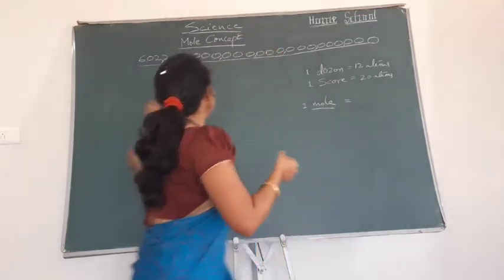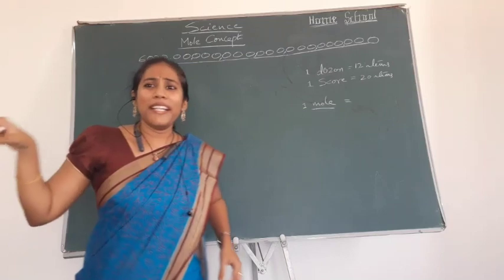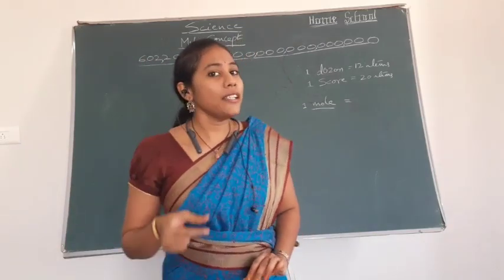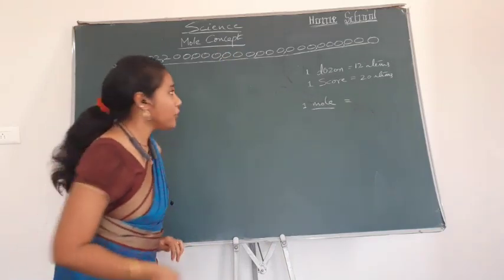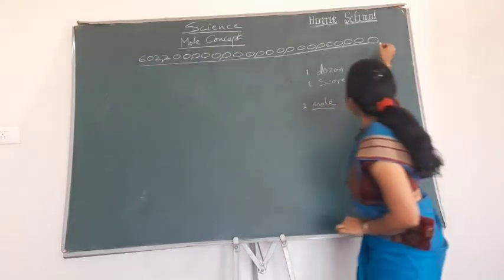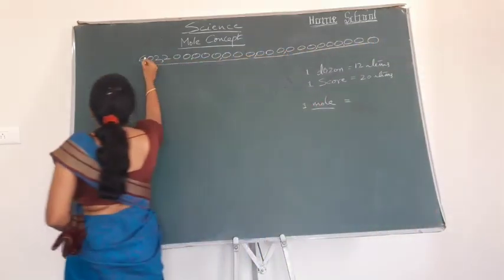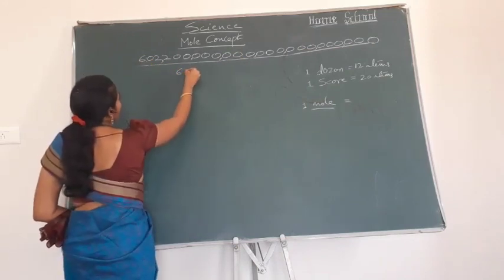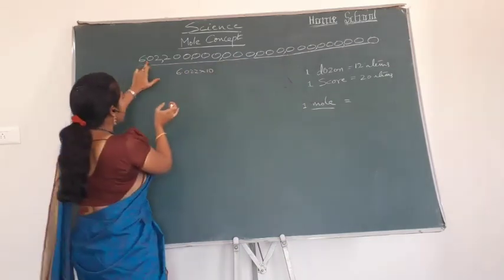Clear? Fine. Now, writing this big number every time is inconvenient, right? So make it short. How can you write this number in short? Just use the scientific notation, guys. This point, I'll bring it here and keep it here. So what can I write? 6.022 into 10 to the power of, how many digits before I kept the point?